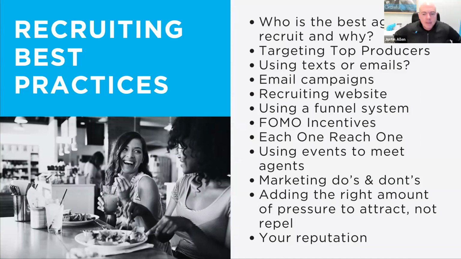and then make sure that they understand that even though they're coming in as a top producer, they also need to adhere to the policies and procedures and the culture and everything else, because you can have somebody coming in and doing several hundred transactions, and I would fire them in a heartbeat if they're creating more drama and issues in the office.